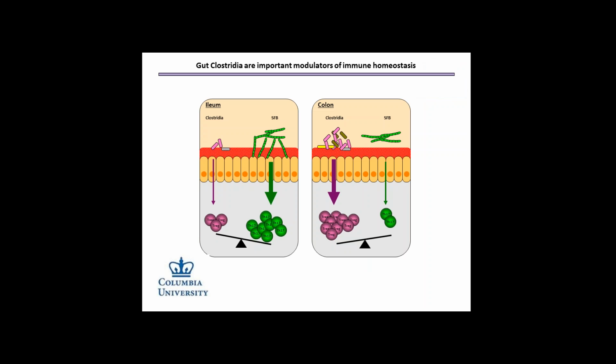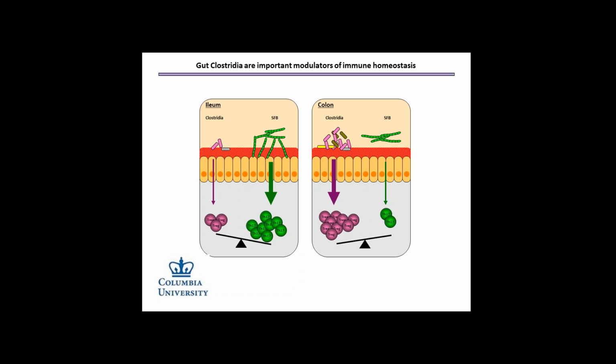The importance of the composition of the bacteria may be even more far-reaching. They can explain certain geographical differences in immune cell balance. For example, we know that Th17 cells are abundant in the small intestine, and regulatory T cells are abundant in the colon, so this balance is shifted between the two locations.